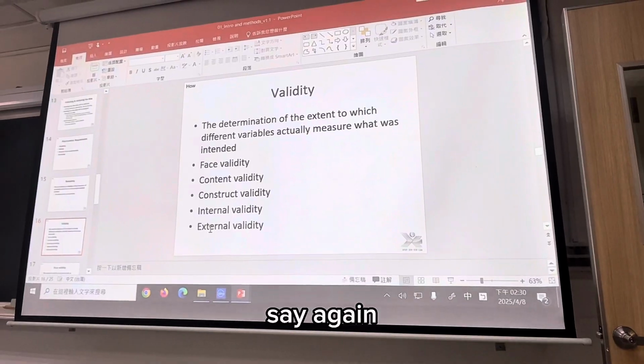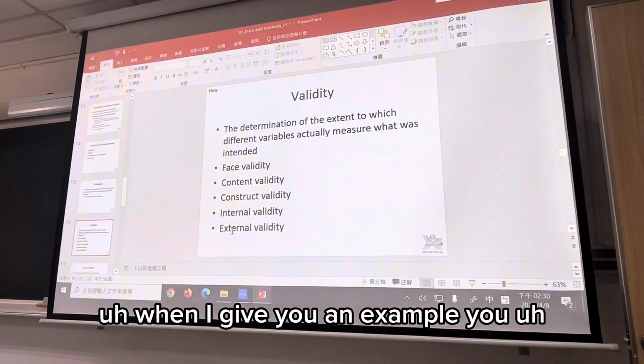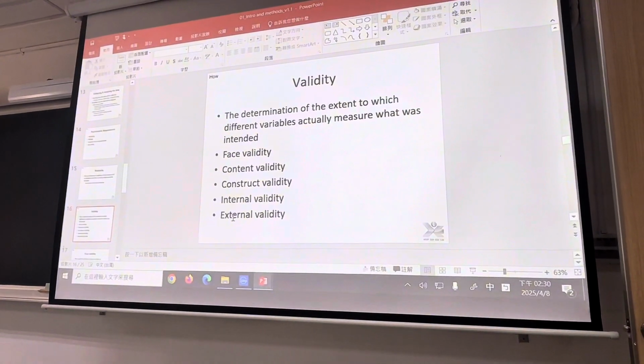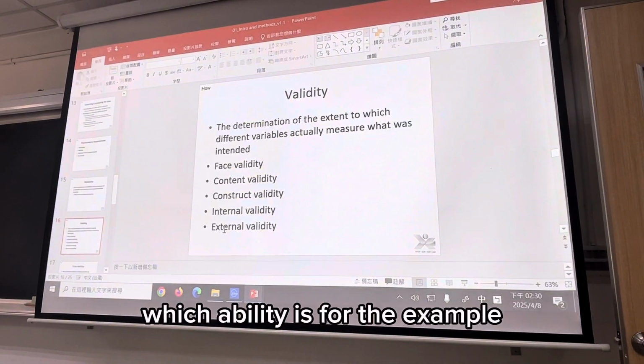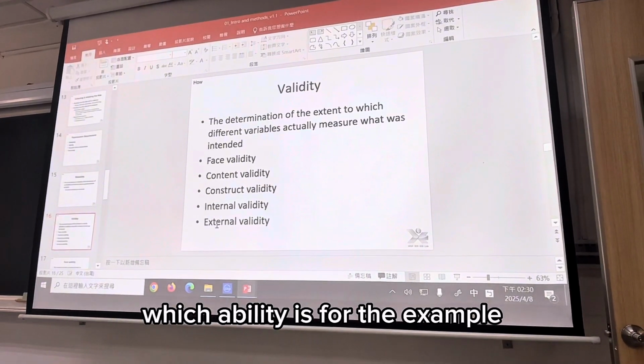Okay, again, when I give you an example, you can understand which validity is for the example.